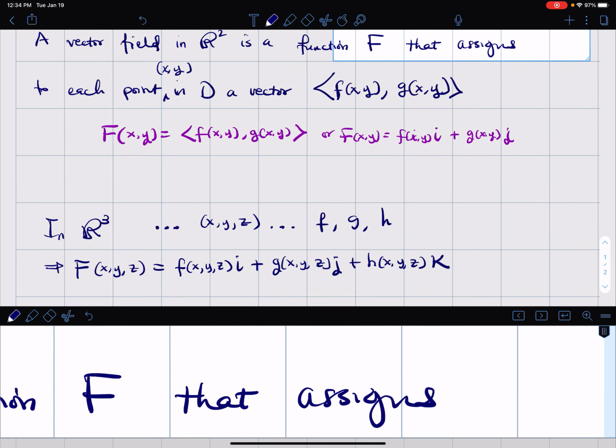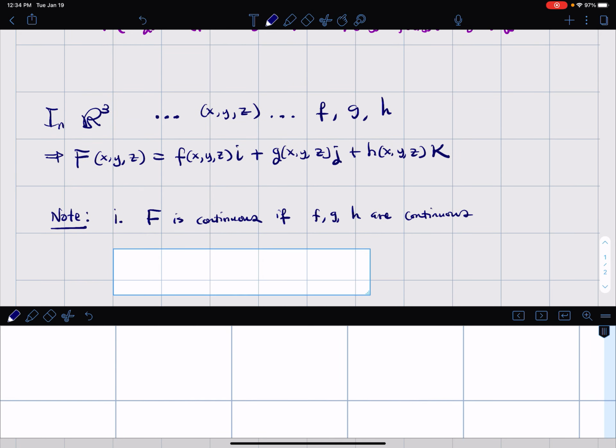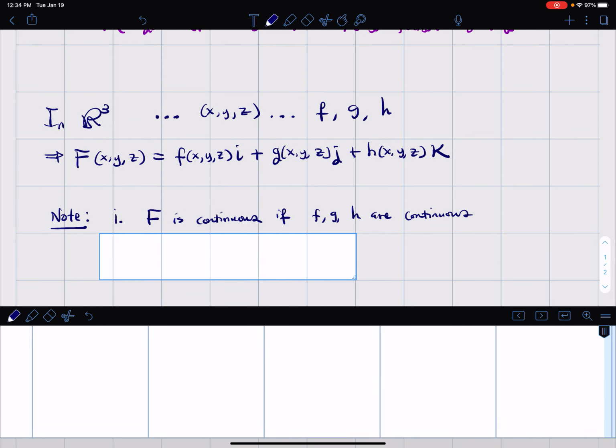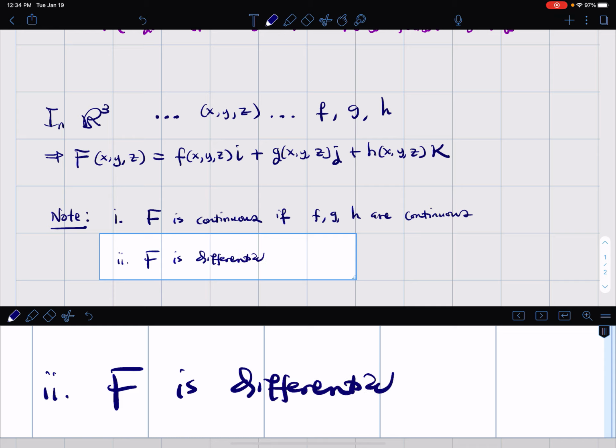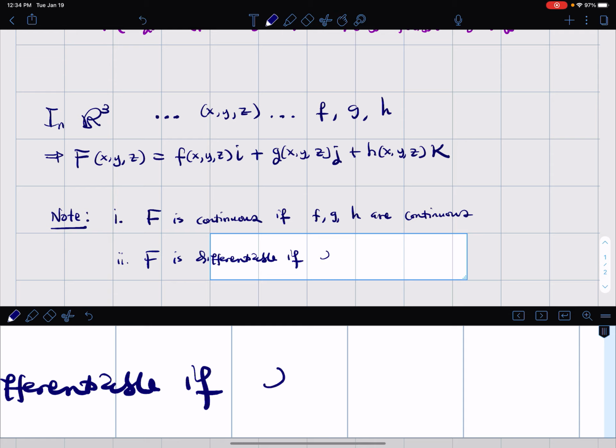Same thing with R2: if f and g are continuous, then F is continuous. And F is differentiable if f, g, and h are differentiable.